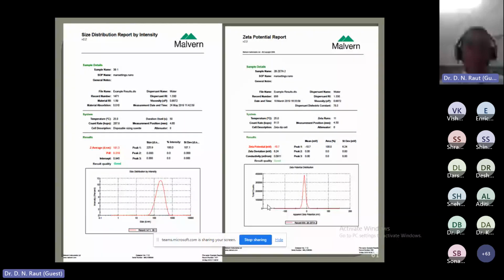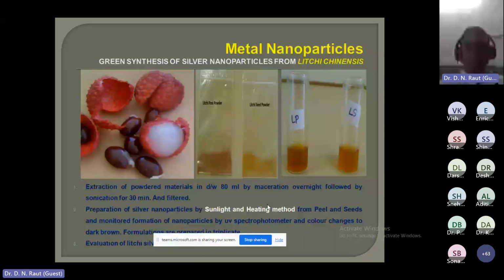Okay. So this is another formulation type that we can do for herbals: a metal nanoparticle for external use. Generally, metal nanoparticles like silver or gold nanoparticles are used for anti-infective, antimicrobial purposes.